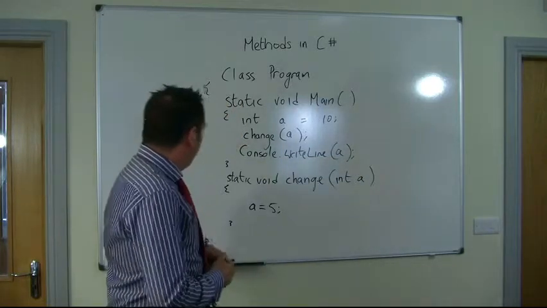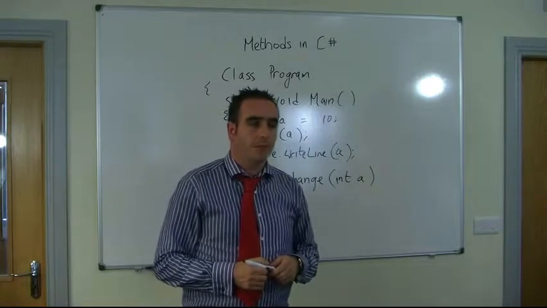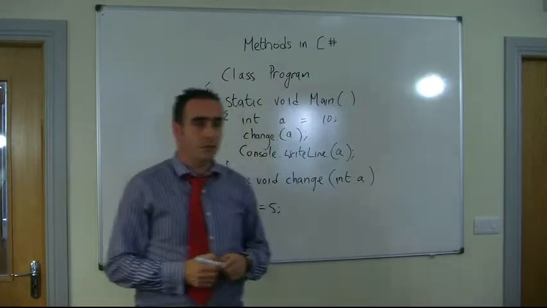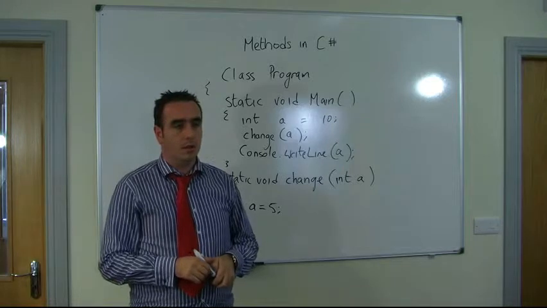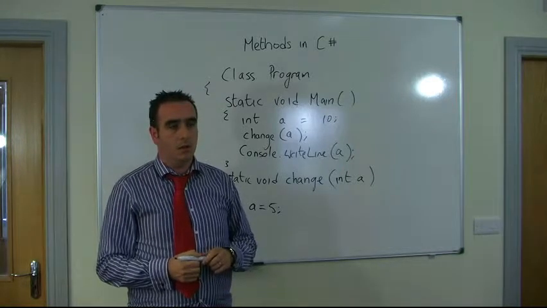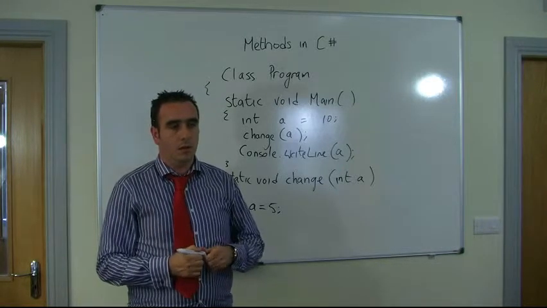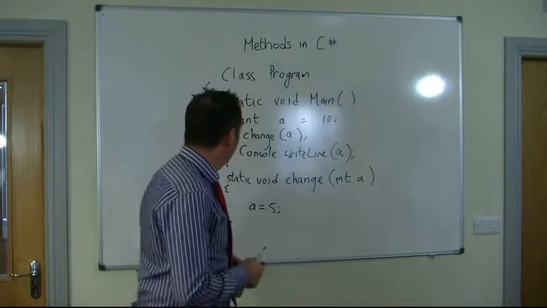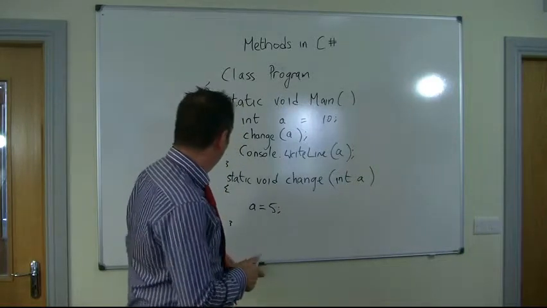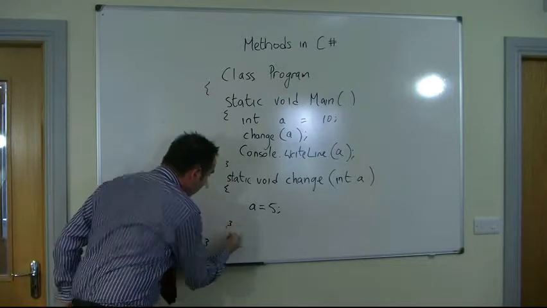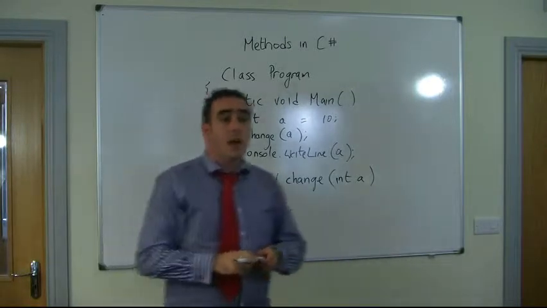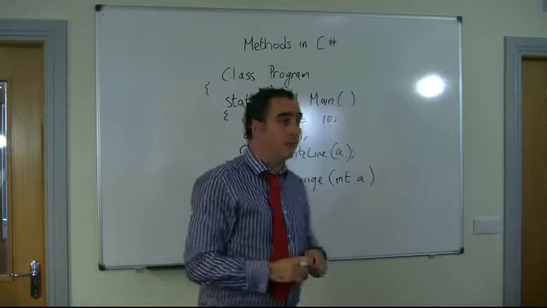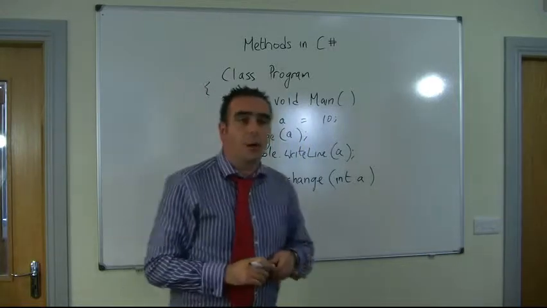Anybody else? Anybody else have any answers there? We'll leave it at that, and I will take that as a good answer, Joseph. It's exactly what I wanted you to say.